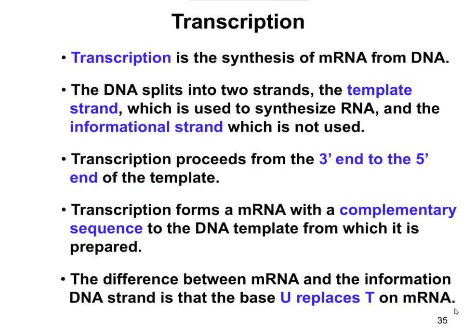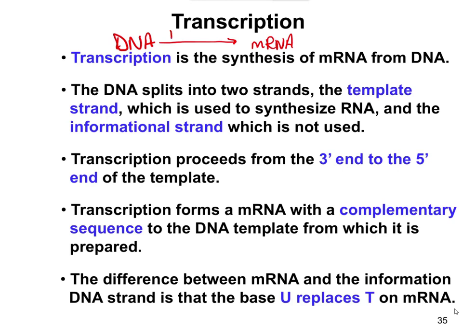Okay, so let's look at how these molecules work together to undergo transcription. Transcription is the synthesis of messenger RNA from DNA. So this is that process where we go from DNA to messenger RNA.